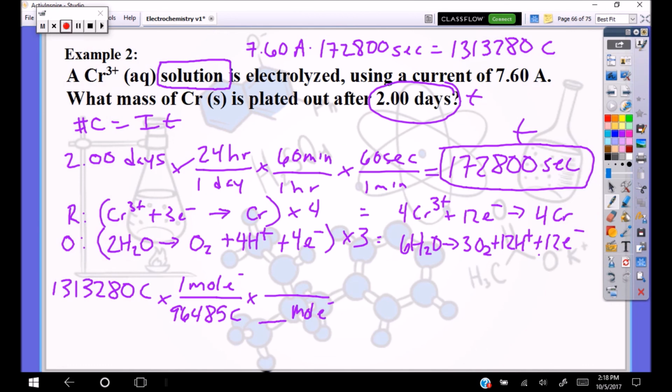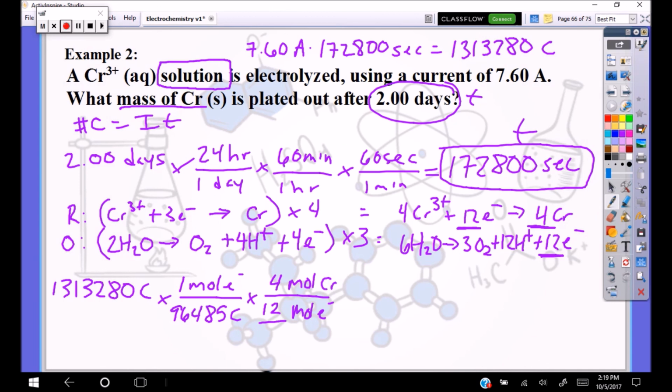Well, we just spent all that time balancing. Our coefficients are going to come in handy here. So we know we have 12 moles of electrons in this reaction. And what are we trying to find? We need to know moles of what? We're trying to find the mass of solid chromium, so we need to figure out the moles of chromium. Doing mole to mole, a 12:4 ratio, we need 4 moles of chromium in this reaction.